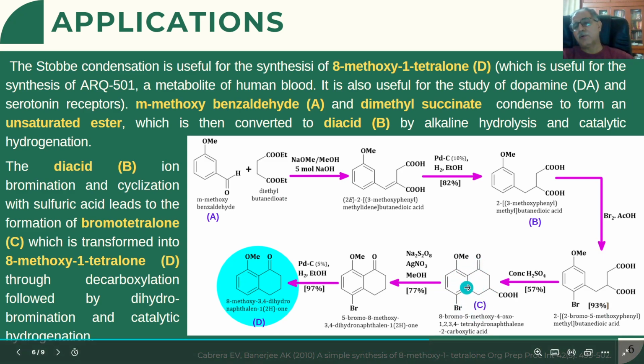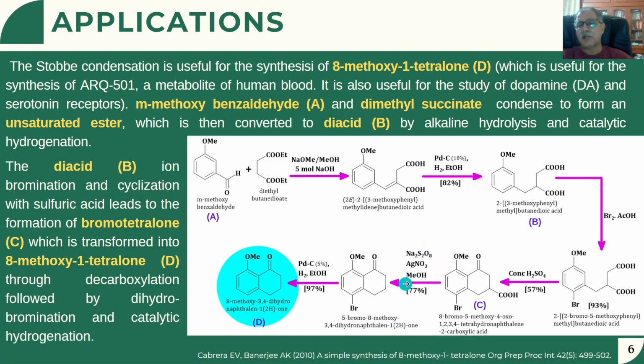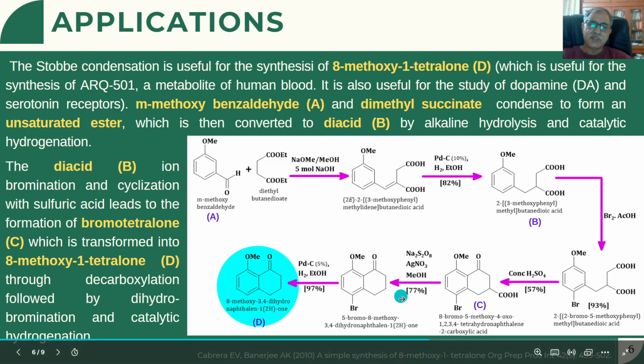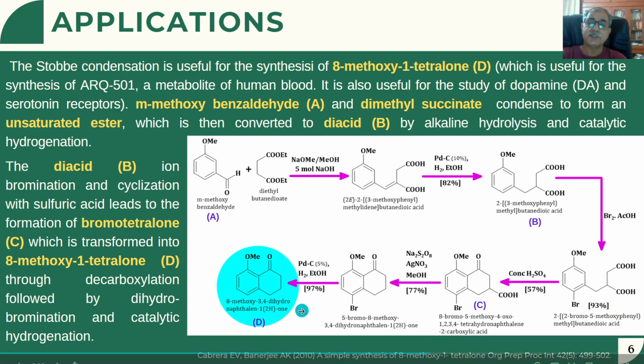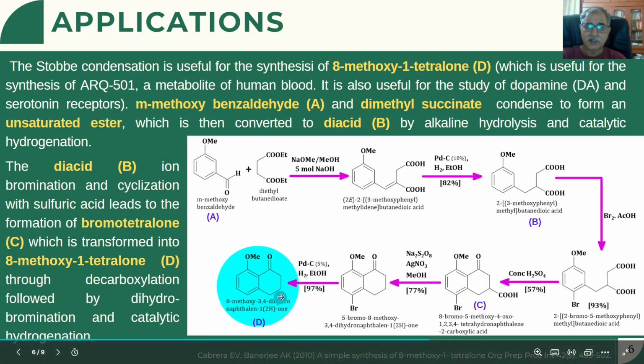Then this bromotetralone will undergo decarboxylation in the presence of sodium sulfide, silver nitrate, and methanol in 77% yield. Then this 1-bromotetralone will undergo debromination in the presence of palladium charcoal hydrogenation to give us the 8-methoxy tetralone derivative.